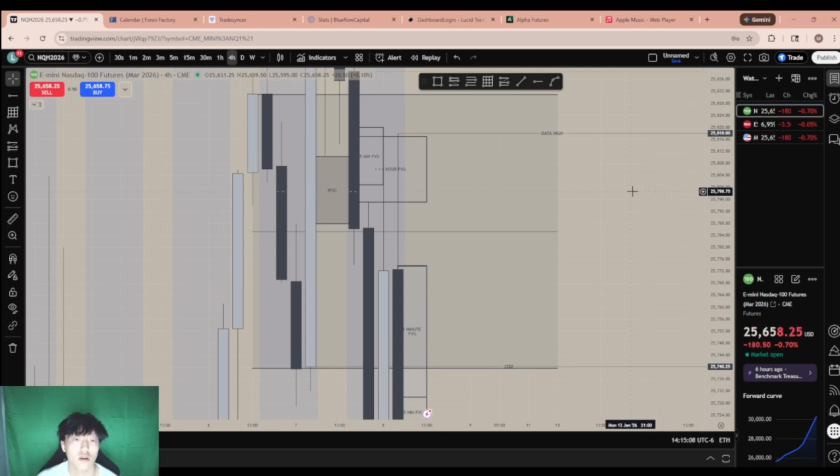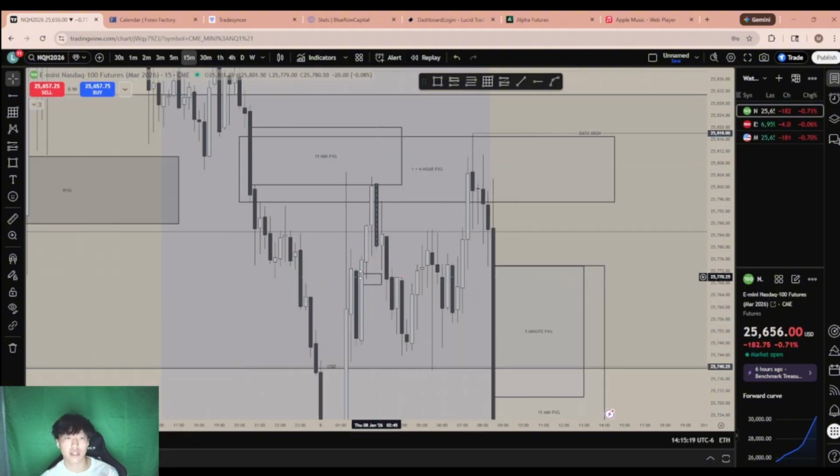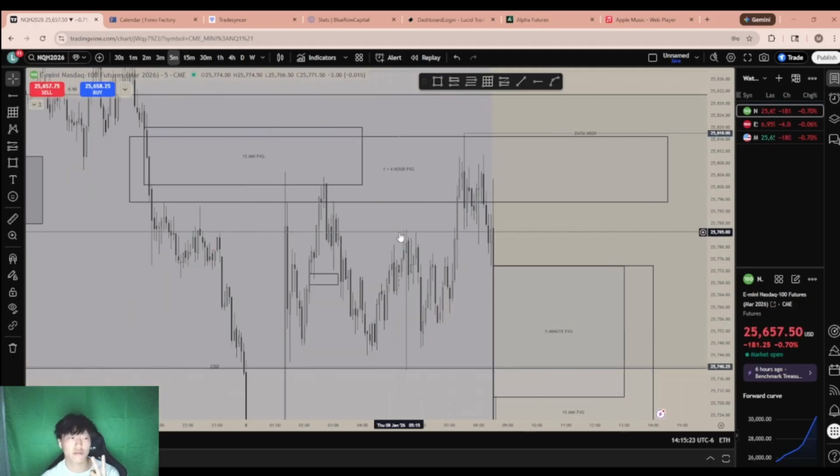We're delivering from a 4-hour breaker block, 4-hour inversion, 4-hour Fair Value Gap, 1 hour Fair Value Gap, a 15-minute first presented Fair Value Gap, 2 5-minute Fair Value Gaps. One of them is unmitigated as well.